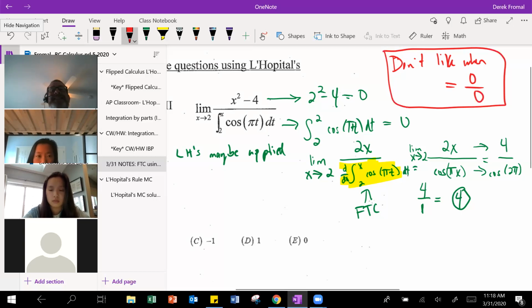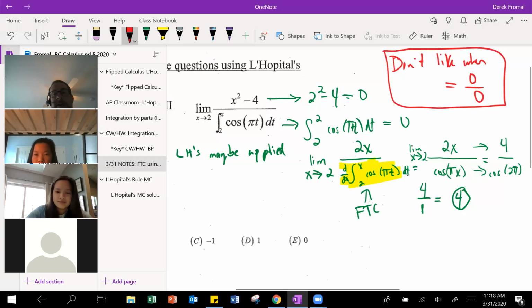So you can't really say it's equal to an indeterminate form. You can show that both top and bottom are equal to 0, but they don't like it when you write equals 0 over 0. On the video, if you watched it, I tried to point out that even though that's what they did, that's not the form that they want you to use on the exam. It's okay to use arrows, but not equals.